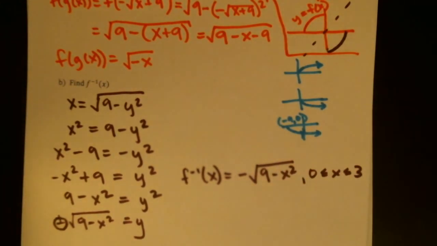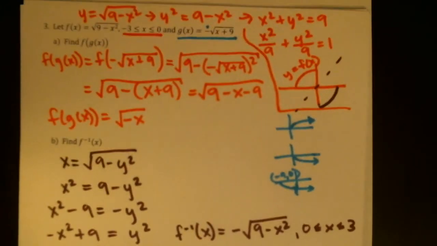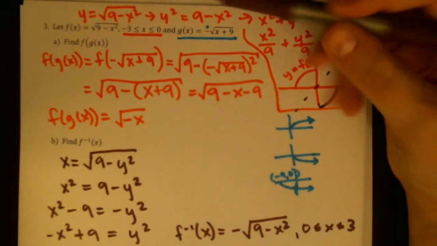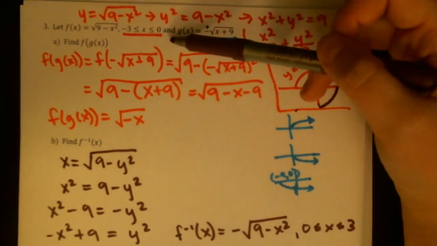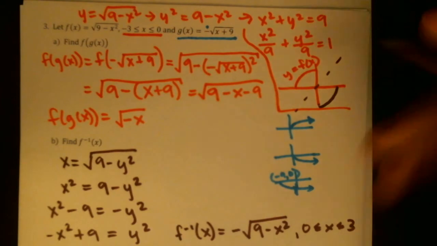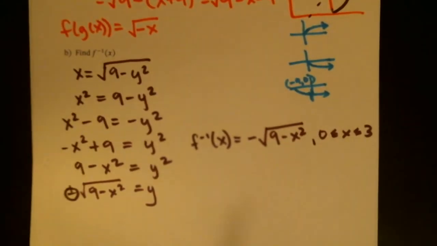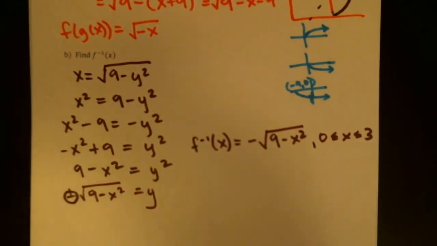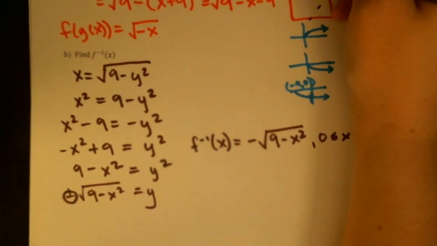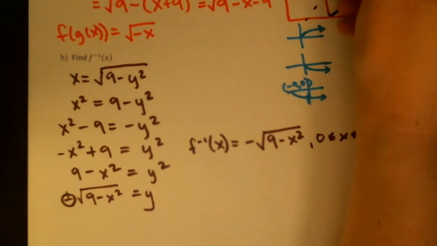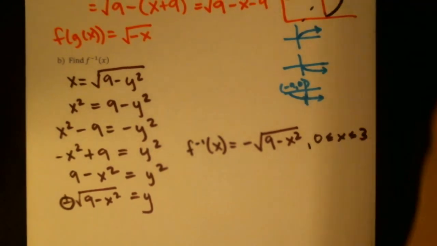Just like we had to tack on a domain restriction for the inner function, the initial function, this f of x, the reason we had that restriction was to make it 1 to 1. We have to do the same thing for this final function. You could also do this by using domain and range. So if we look back up at f, the domain was -3 to 0, and the range was 0 to 3.